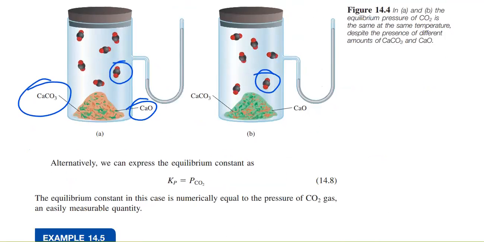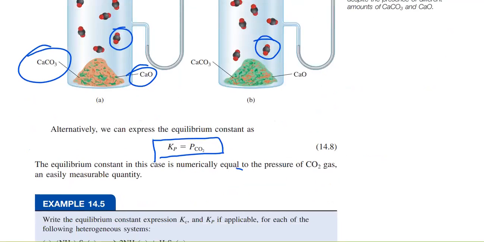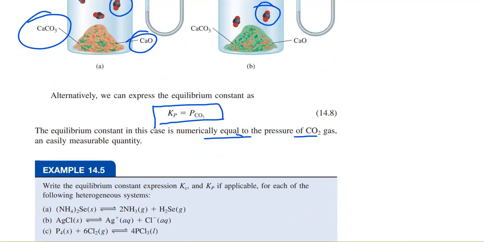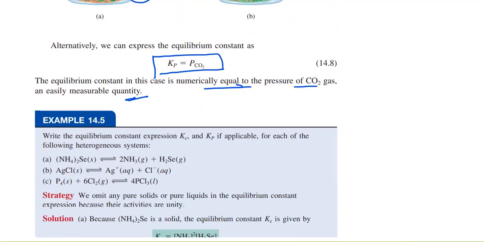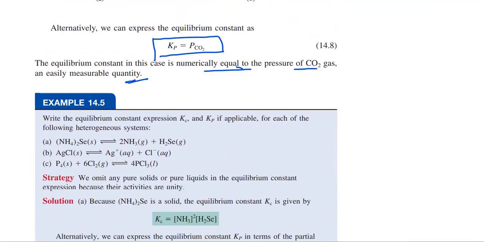So we can express this equilibrium constant finally as Kp equal to the partial pressure of CO2. So the equilibrium constant in this case numerically equals the partial pressure of CO2, which is an easily measurable quantity.